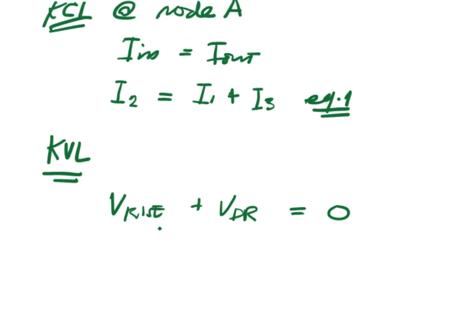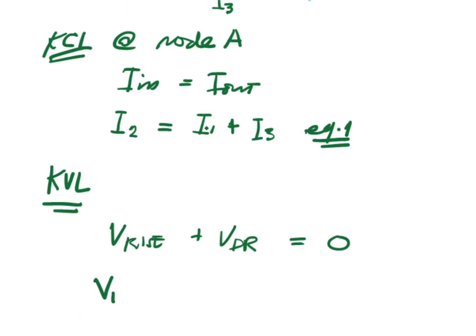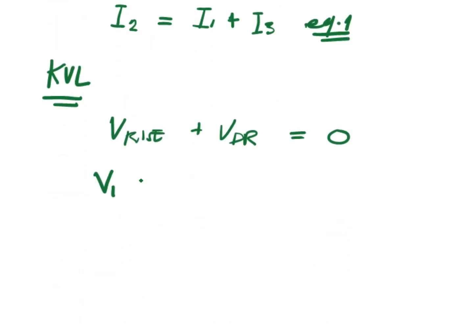So we have V1 as voltage rise. Then we have the 2 ohm resistor. So again, following the loop, it will go out on the positive terminal side. Therefore, again, the 2 ohm resistor has a voltage rise, plus V2.